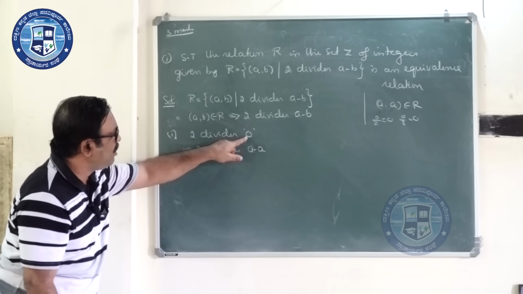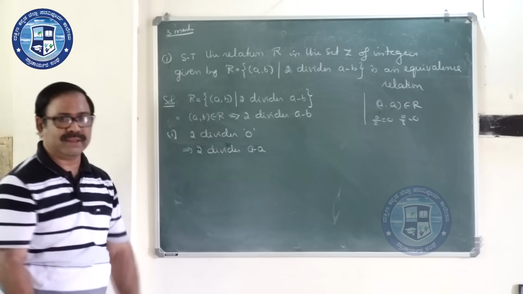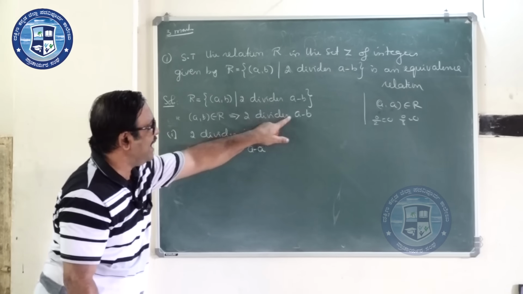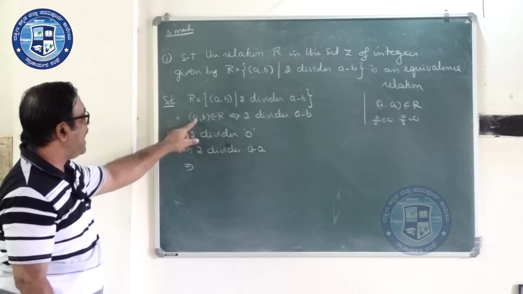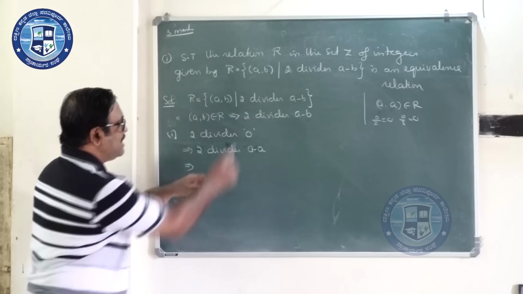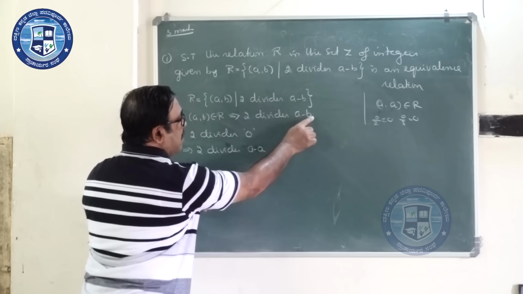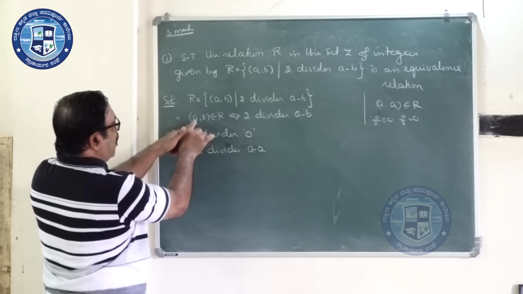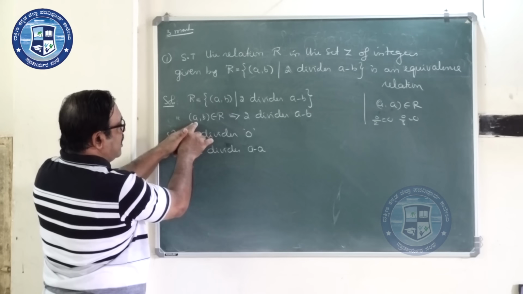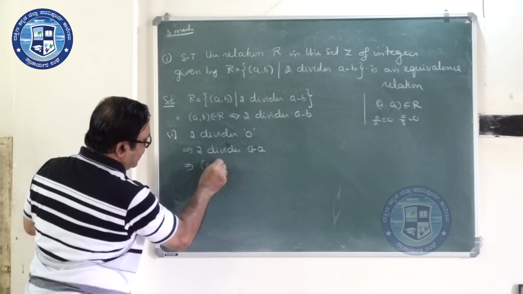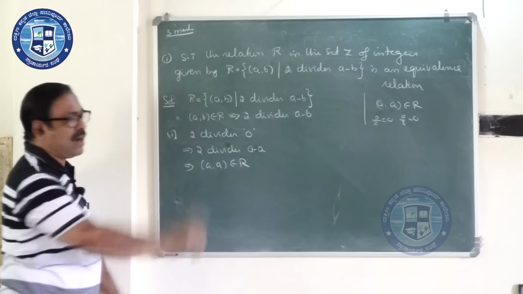Now, 0 is nothing but A minus A. Now, just compare. 2 divides A minus B means (A, B) belongs to R. Agree with me? Now, 2 divides A minus A. Here, A minus A. Therefore, obviously, this ordered pair should become (A, A). So, that means (A, A) belongs to R.